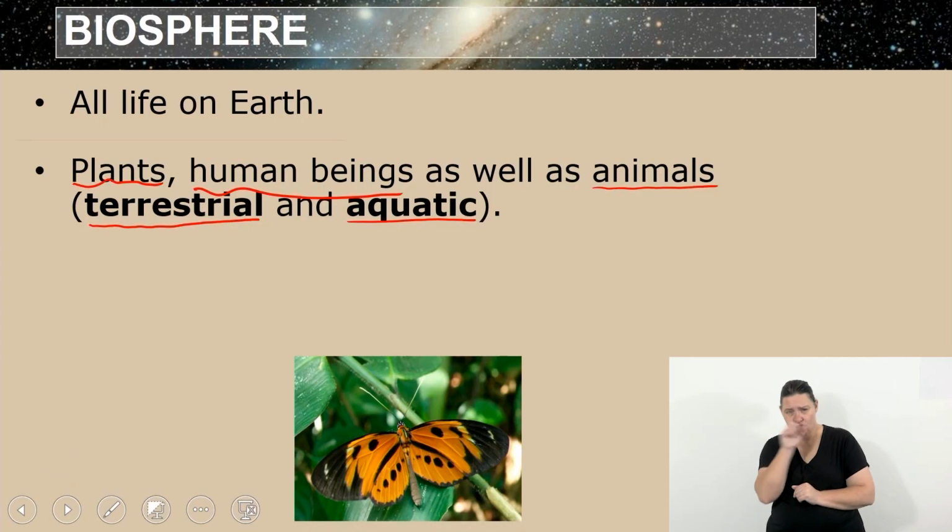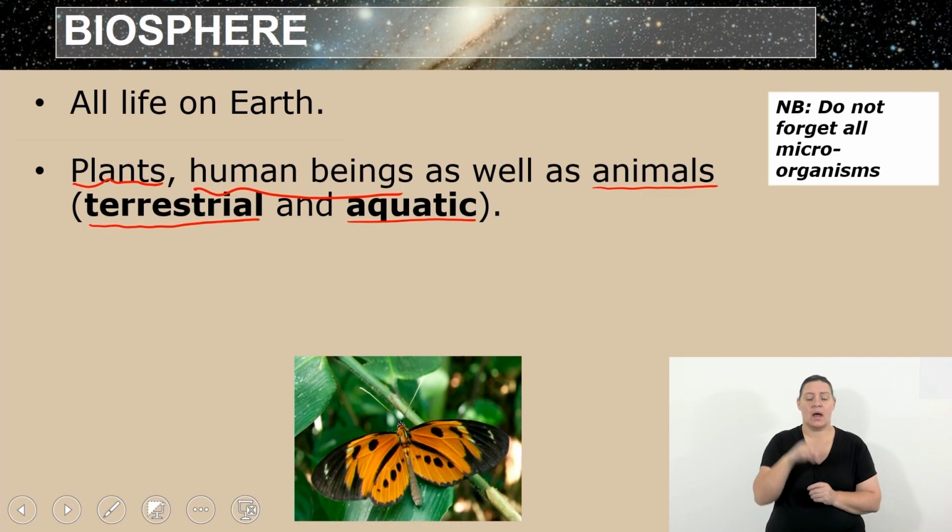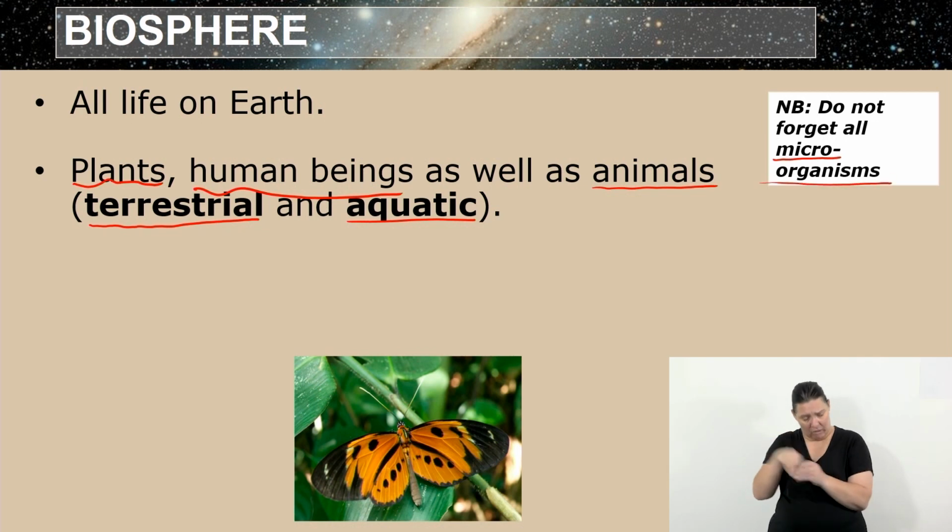When we talk about the biosphere, please do not forget also, excuse me there, I'm just making space for my next point. If you look here, you realize that I did not include microorganisms. So please don't forget microorganisms. Microorganisms are also part of living things.